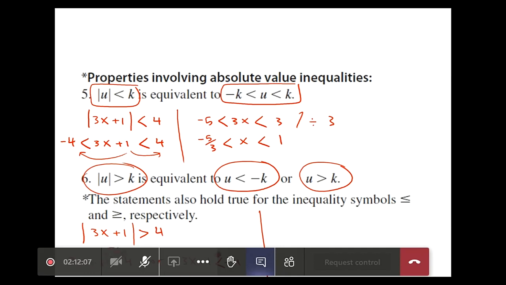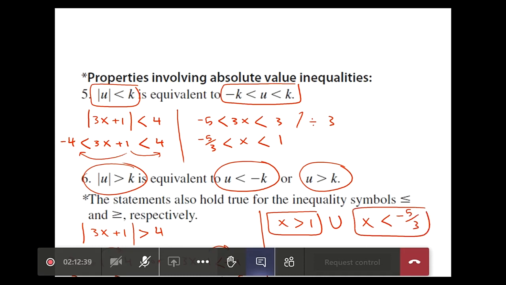Move this one to the other side, so we have 3x greater than 4 minus 1, which is 3, or 3x less than negative 4, moving the 1, we have minus 5. By dividing by 3, we have x greater than 1 union x less than negative 5 over 3.